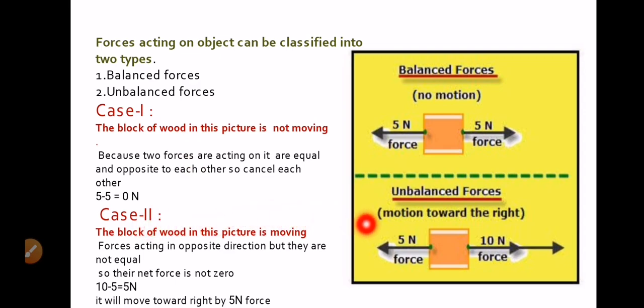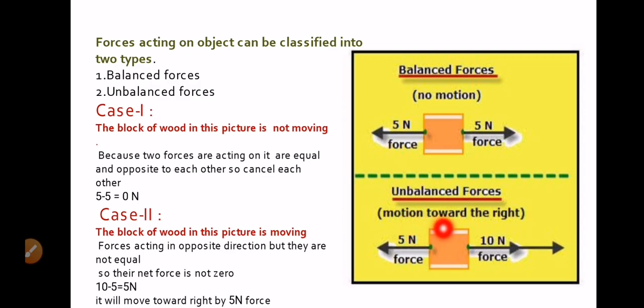Case 2. Look at this. In this case, the wooden block is also under the action of two forces. On the right side, the force is 10 Newton, while on the other side there is a 5 Newton force. Both forces are not equal. So, in which direction will the block move?